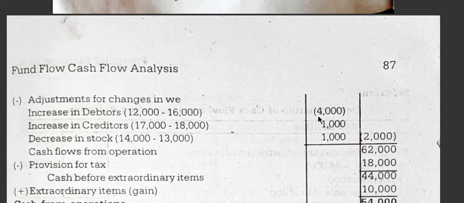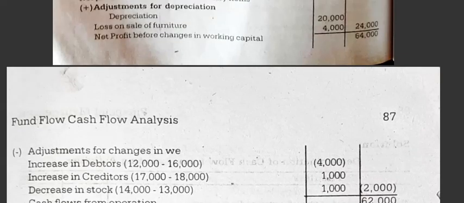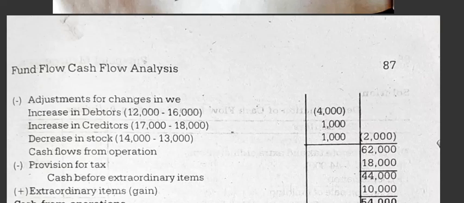When working capital increases, write in brackets. If working capital decreases, write as it is. Now total it: 2,000 is positive, 4,000 is negative, and 1,000 and 1,000, so you get 2,000 minus 2,000. So 64,000 minus 2,000 gives 62,000.